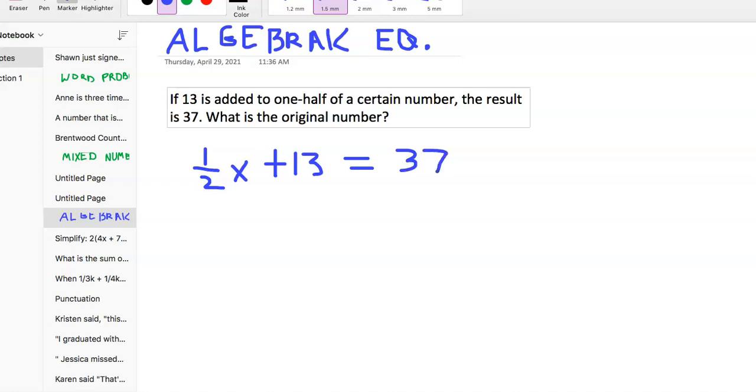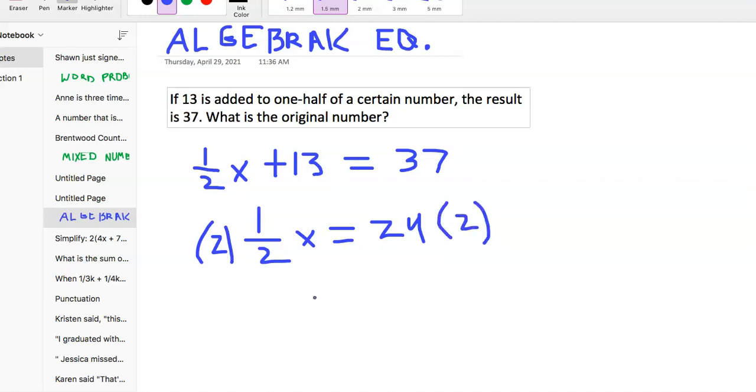And after that, we just have some simple algebra, right? We subtract 13 from both sides, so you can get that x by itself, like you always want to do with algebra. 37 minus 13 is 24. Then we want to get rid of that 1/2, so we multiply by the inverse of 2, or 2 over 1.